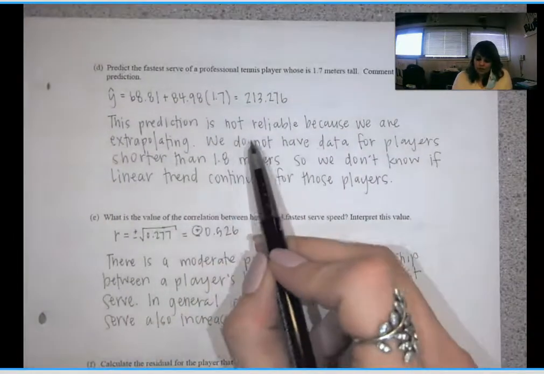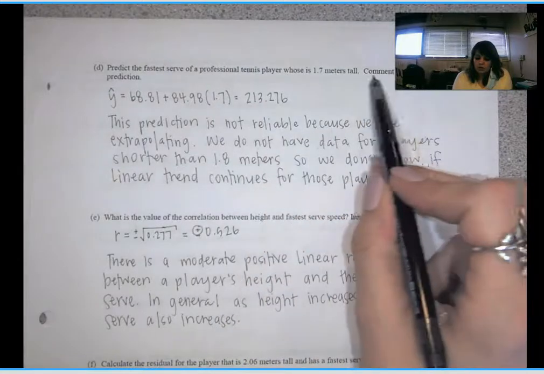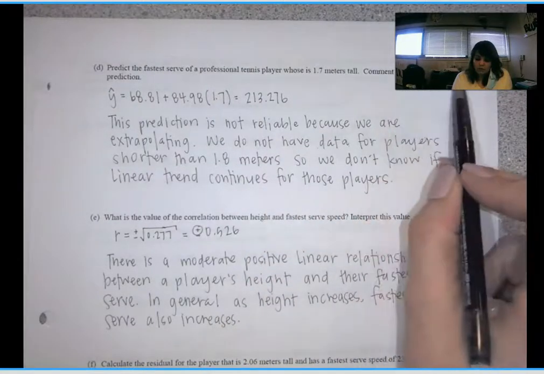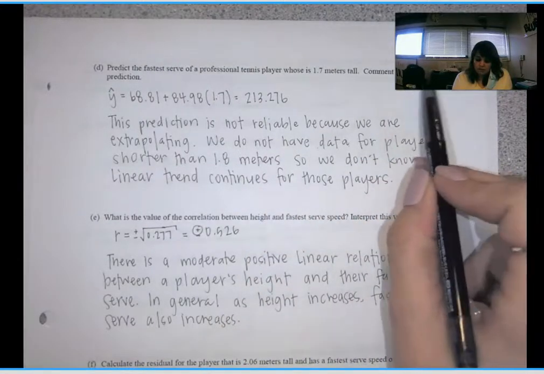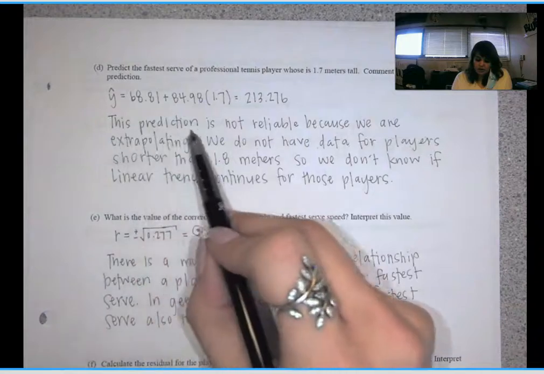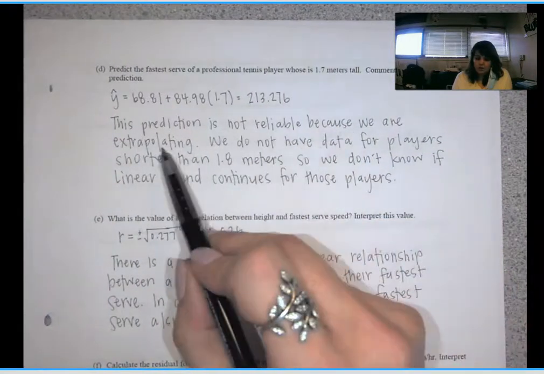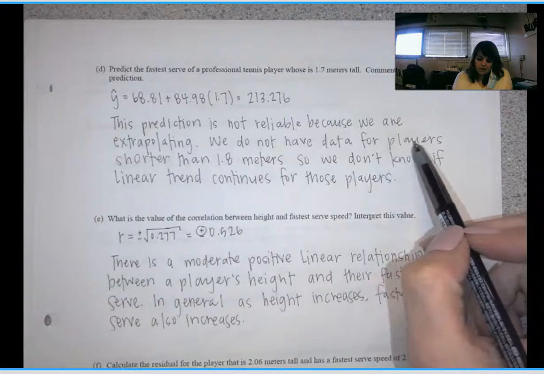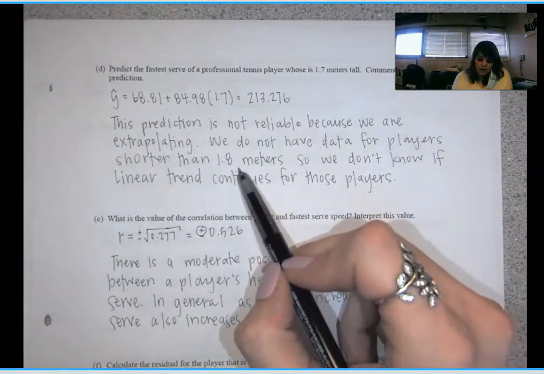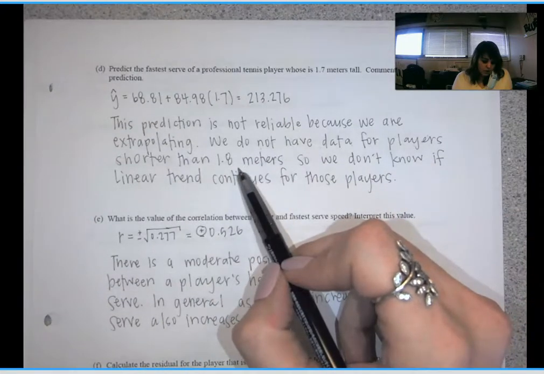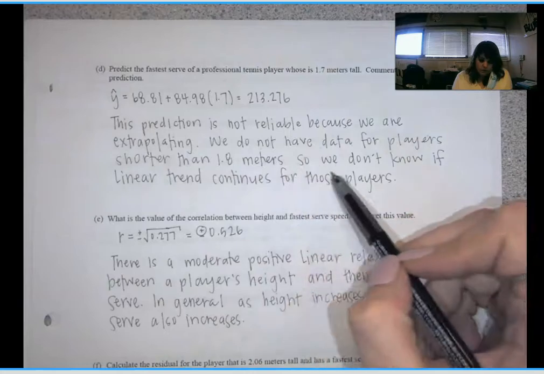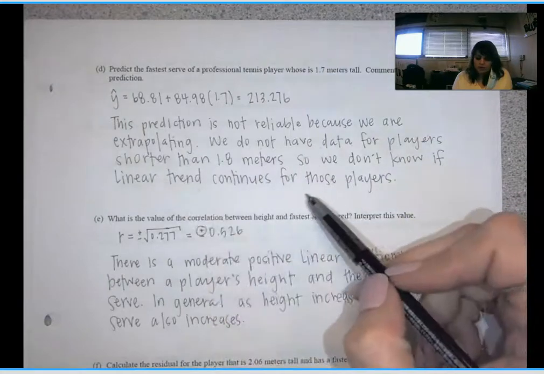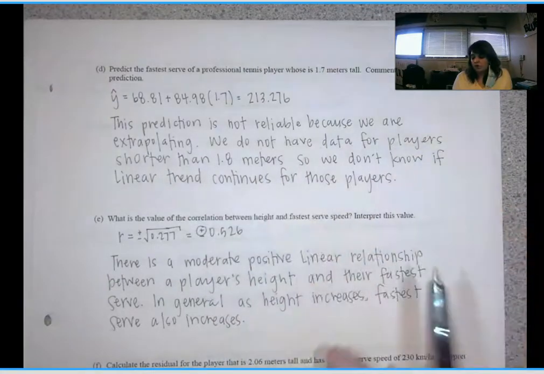So this prediction is not reliable, so I repeated this question and answered it. This prediction is not reliable because we are extrapolating. We do not have data for players shorter than 1.8 meters. So we don't know if the linear trend continues for those players.